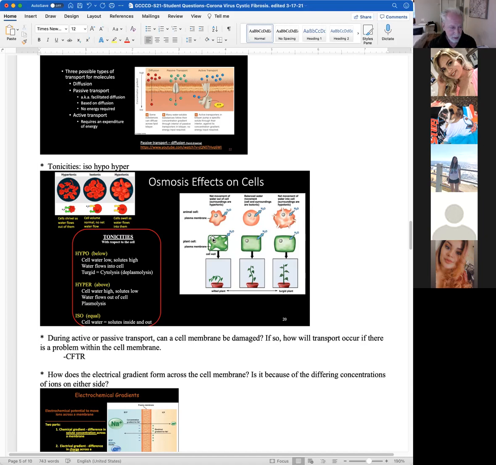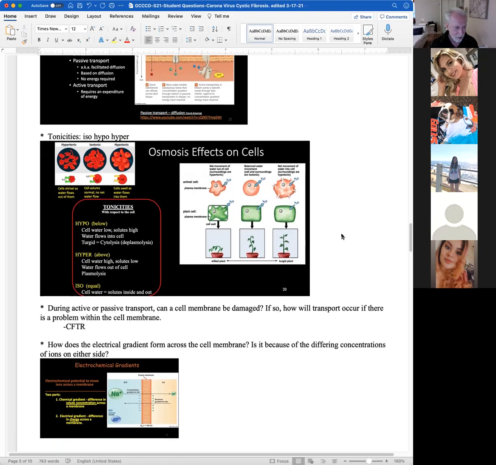Same thing is illustrated here to the right, except that in addition, plant cells are shown, and they can't shrink because of their cell wall, but the cytoplasm inside the cell can shrink under hypertonic conditions, where water flows out of the cell. Any questions?